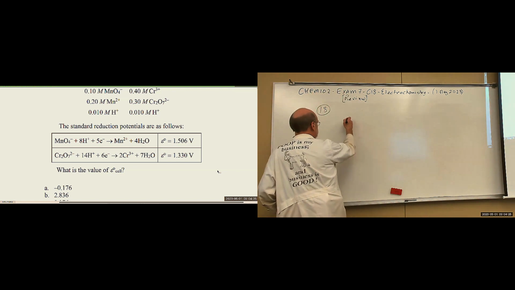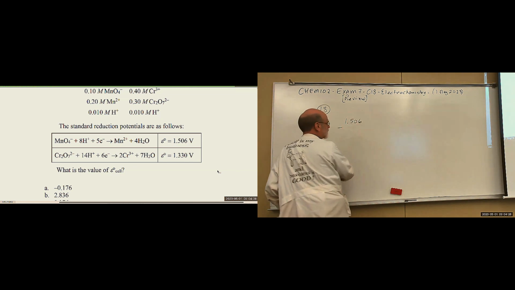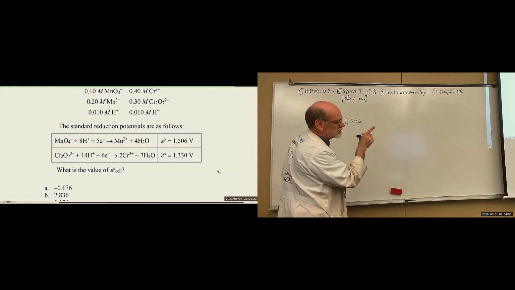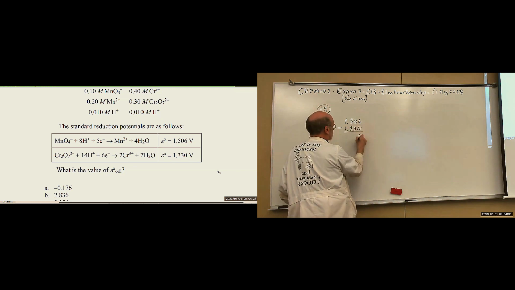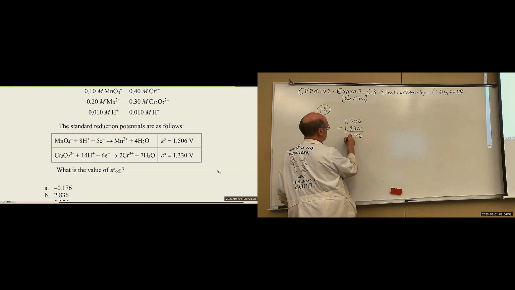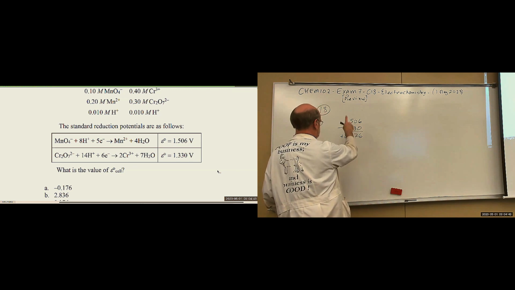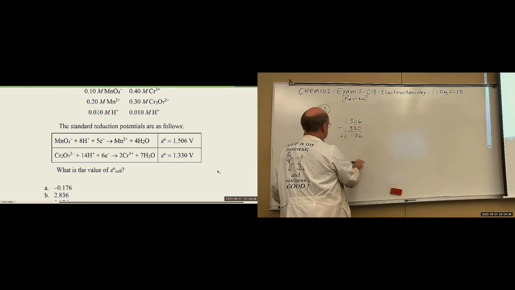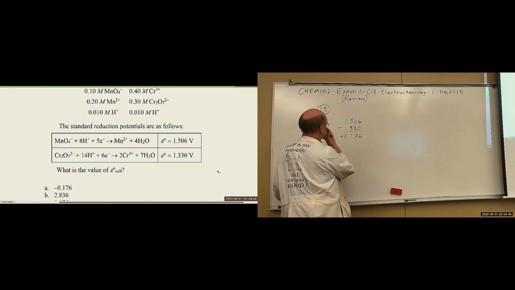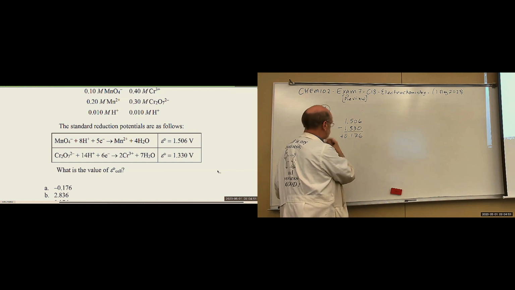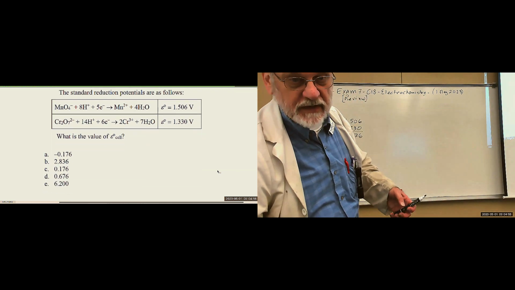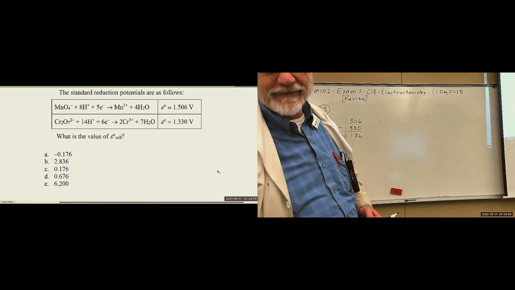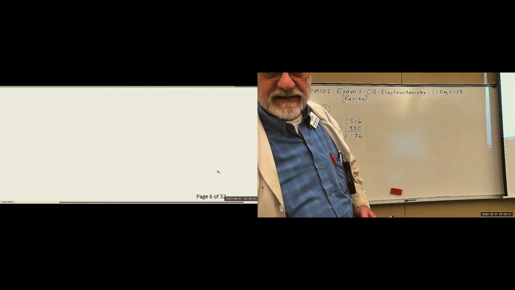So the positive would be 1.506 minus 1.330, which is 0.176. Yeah, that's right. Positive 0.176, C. Okay. So that gets 18.